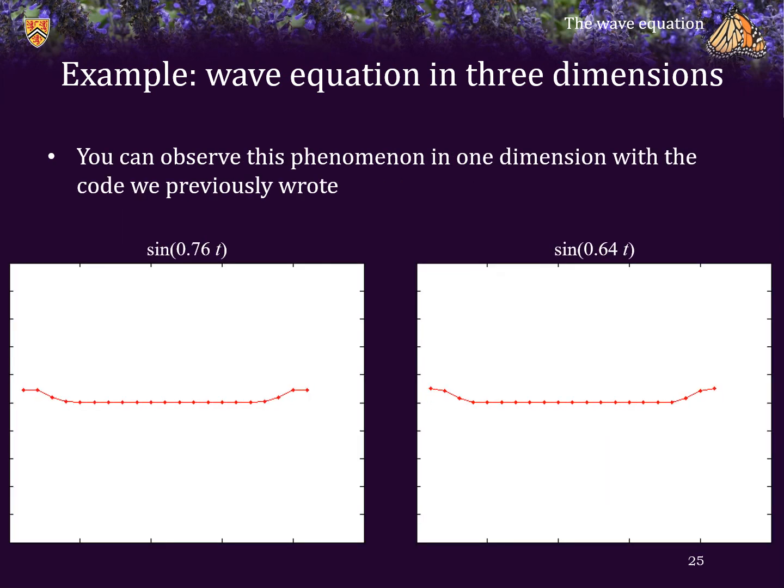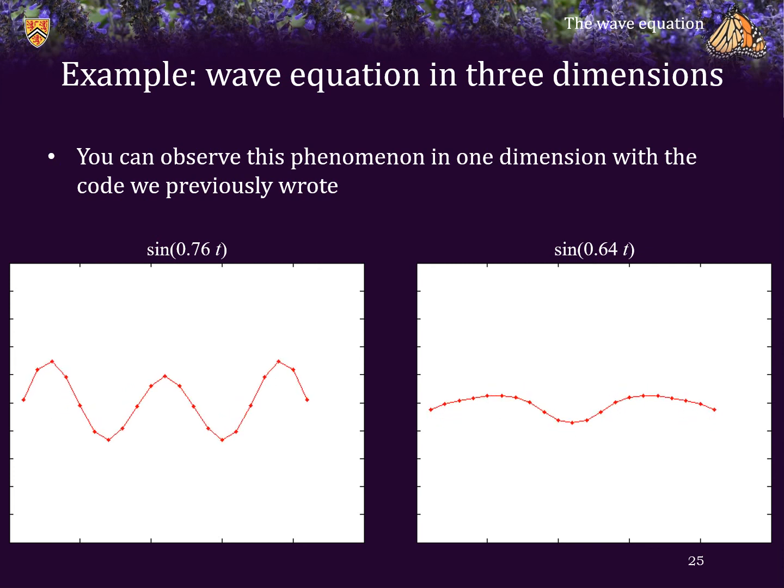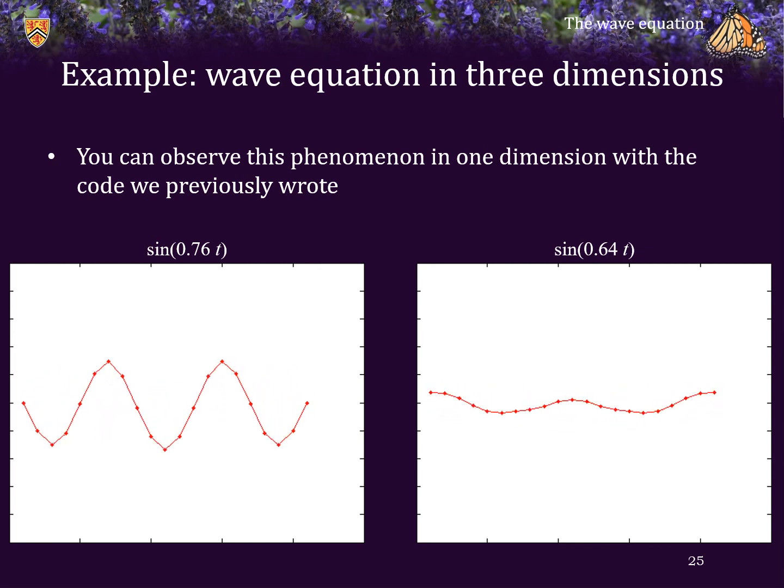You can even observe this with the code we previously wrote to simulate the wave equation in one dimension. Here we have two Dirichlet boundary conditions, but where the boundary conditions are sinusoidal.